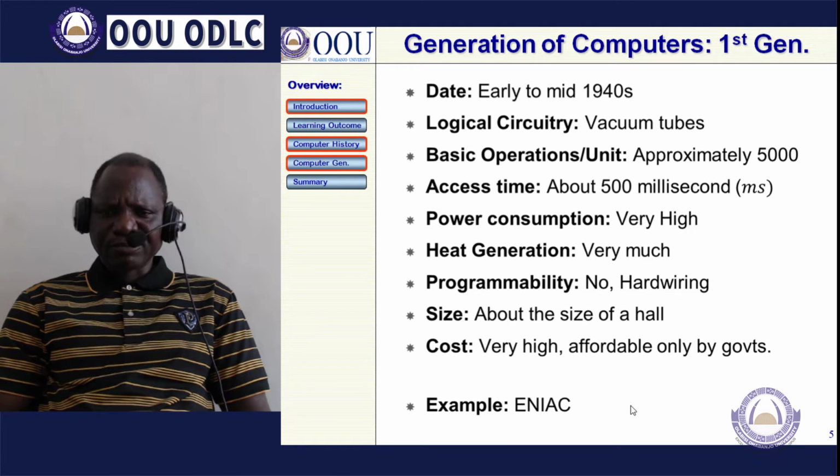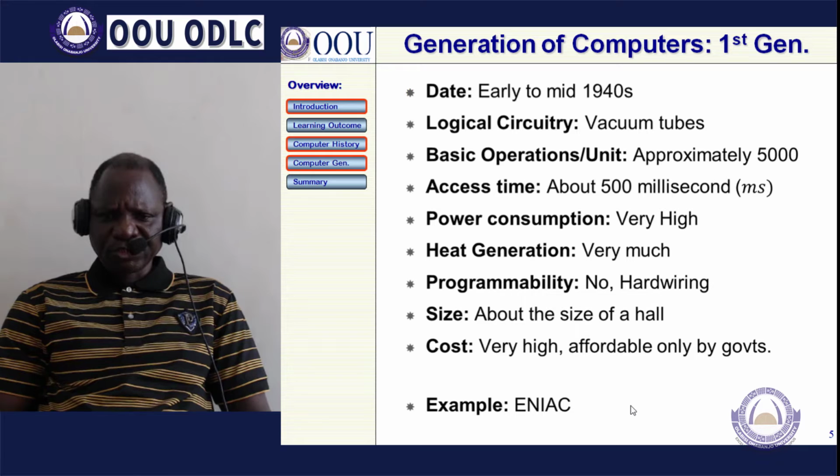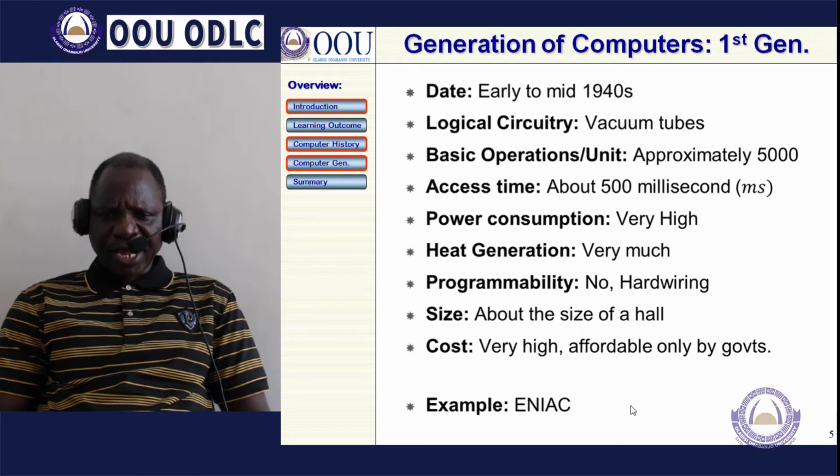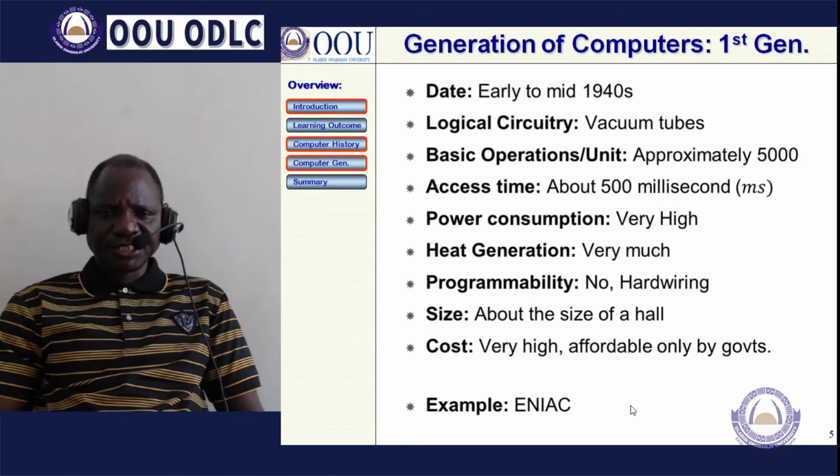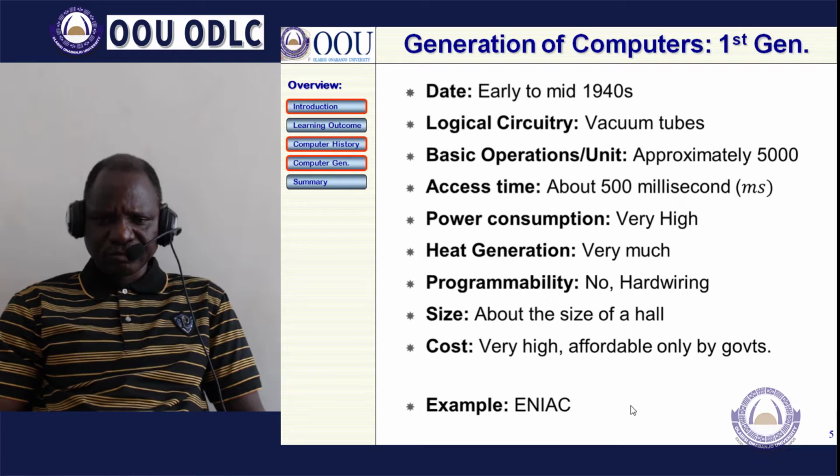They can process approximately 5,000 basic operations per unit, and they have about 500 milliseconds as access time, that is the time to access each basic operation.